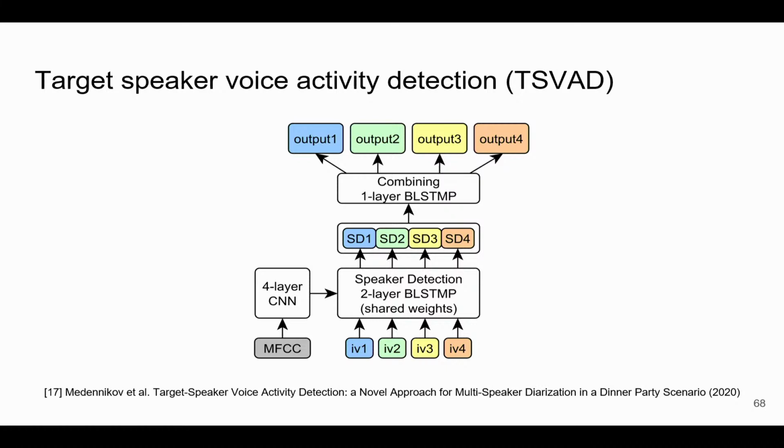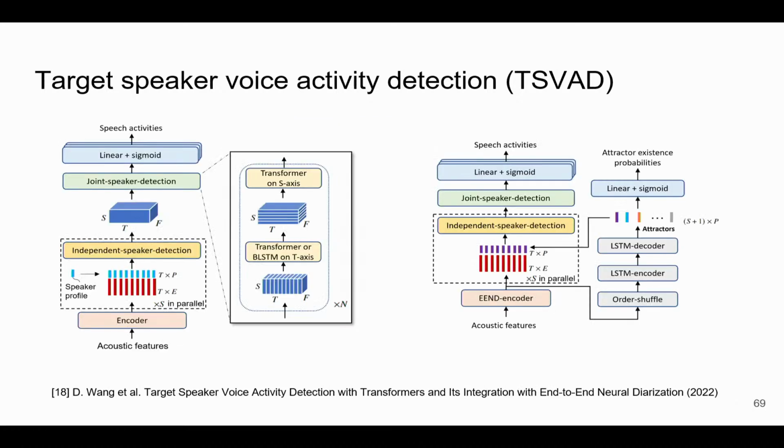So this was in 2020, and there have been quite a few works trying to extend and improve it. Just to put one of them as an example: as we know, transformers started taking over everything, and replacing those BLSTMs was one of those options.